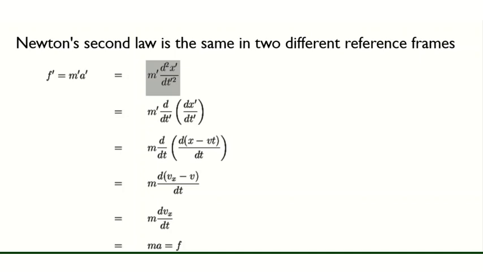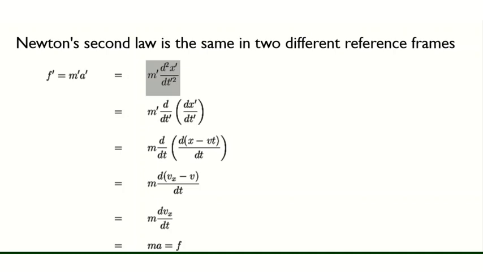For that, f dash is equal to m dash a dash, or a dash can be written as d square x dash by dt dash square, and from this we can see that the f dash measured in the primed frame S dash is the same as that measured in the unprimed frame. This gives us that Newton's second law is invariant under the Galilean transformation.